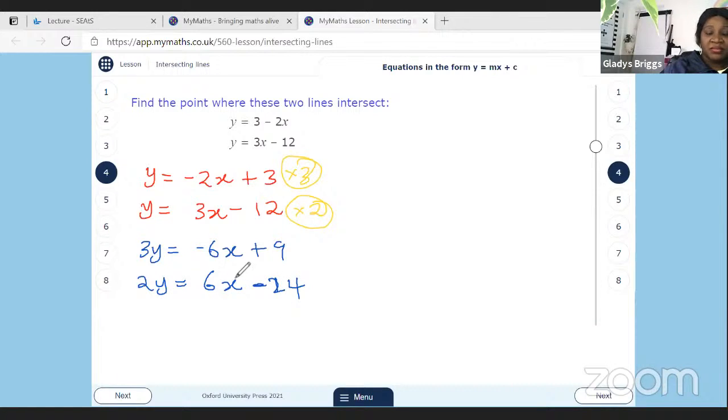I think we could have written this as 3y plus 6x is equal to 9. And this one, we could have written it as 2y minus 6x is equal to negative 24. Then it looks like what we've been working with the whole time.